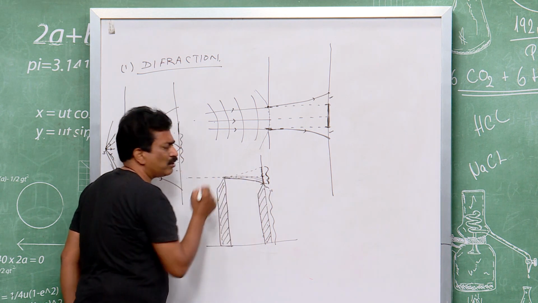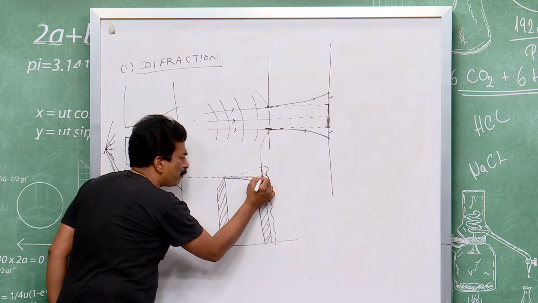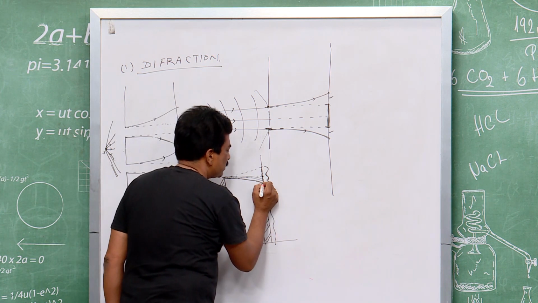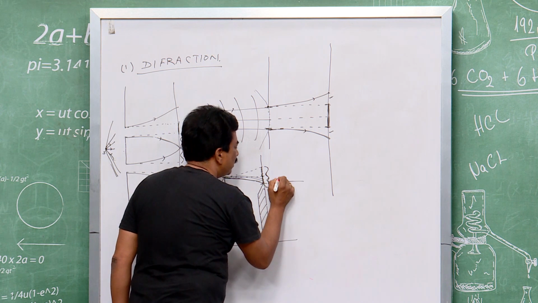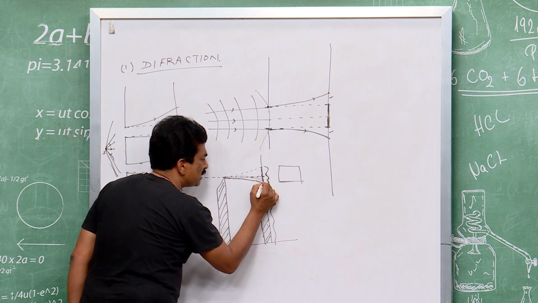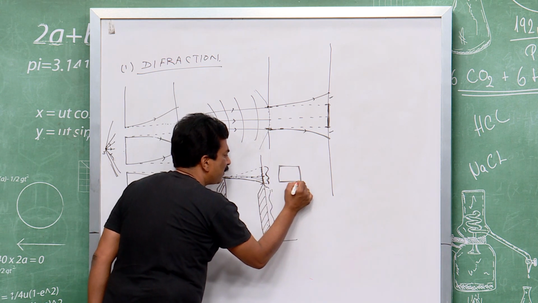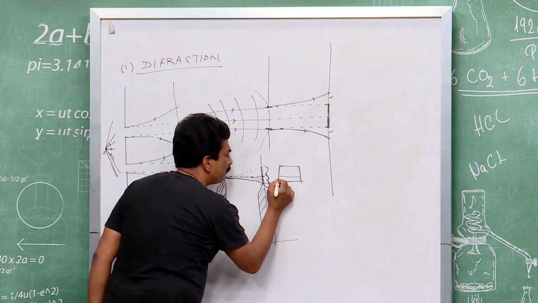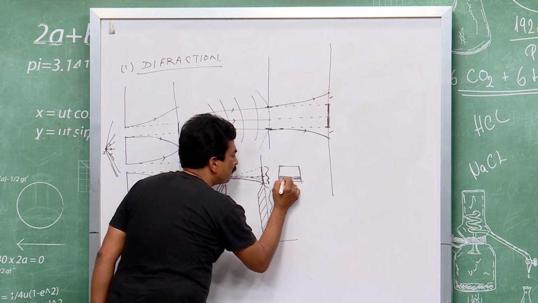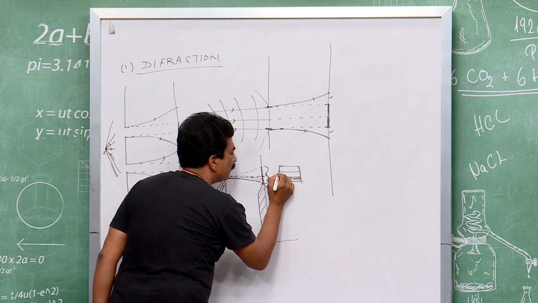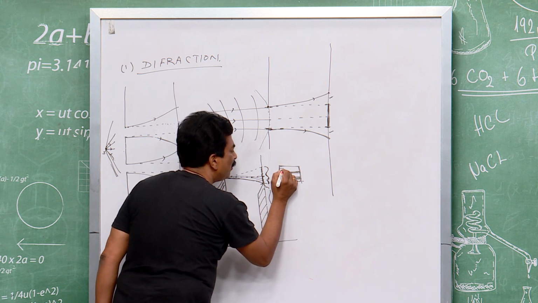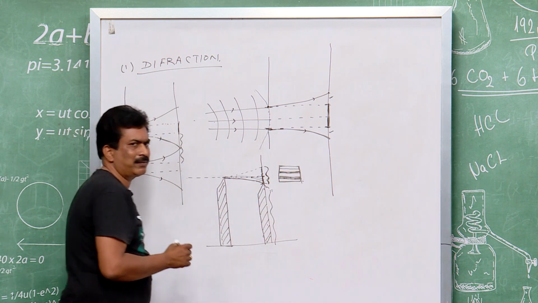Therefore, you will obtain different points of maxima and minima. Suppose this is the center, and from this to this I have taken that size. So here you will find a maximum, then another darker one, then another darker one.